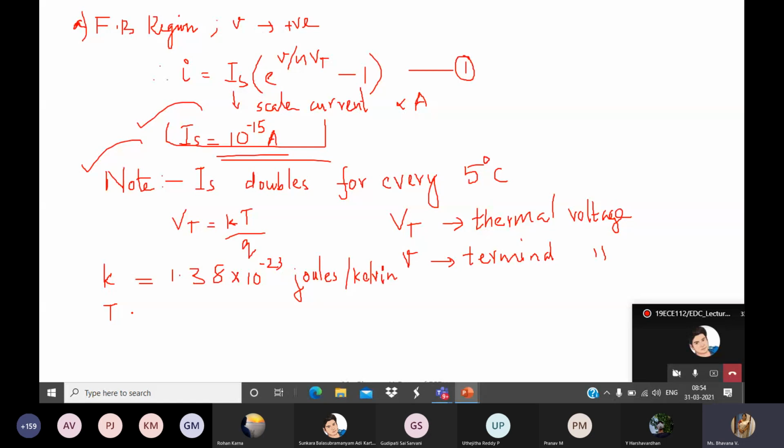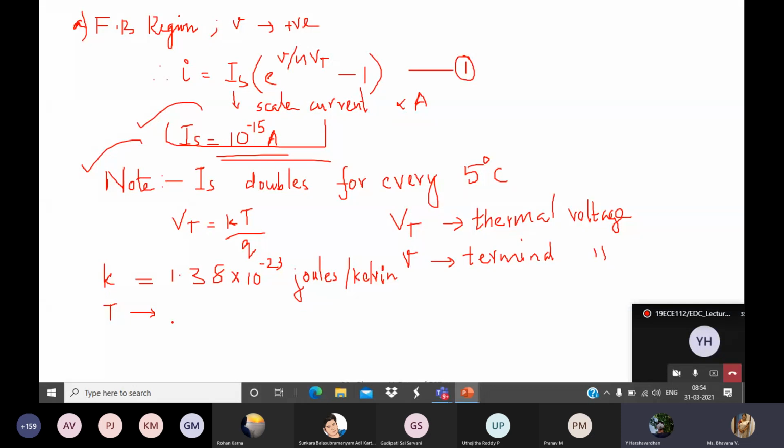T is the absolute temperature in Kelvin. How will you convert to degree Celsius? Minus 273.